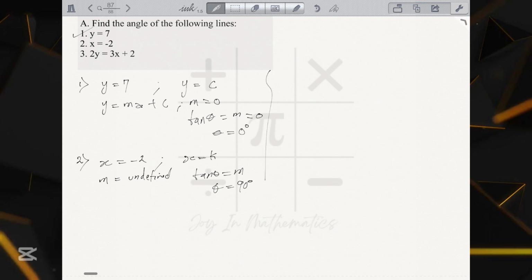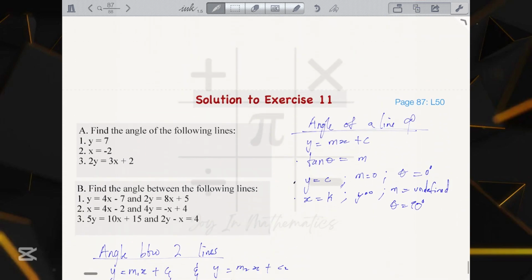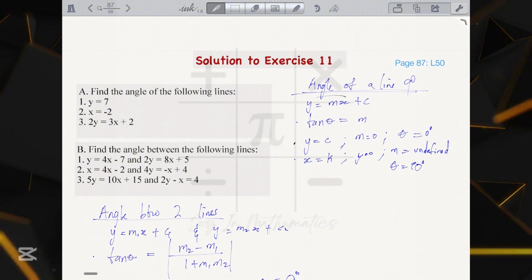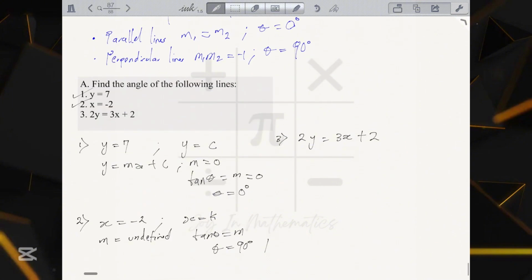Moving on to question number 3, where we have 2y is equals to 3x plus 2. Now this brings us to the normal expression of a line, y is equals to mx plus c. With this, we have to divide all through by 2.